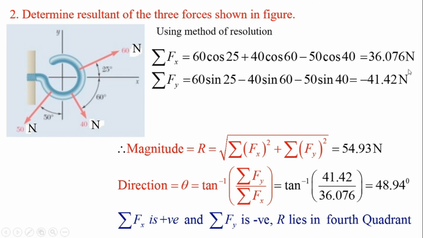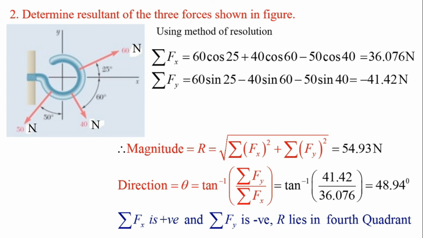Since summation Fx is positive, summation Fy is negative, it means that resultant lies in the fourth quadrant. So, resultant is acting in the fourth quadrant, making an angle of 48.94 degrees with x axis of the fourth quadrant, and thus the resultant can be determined completely.